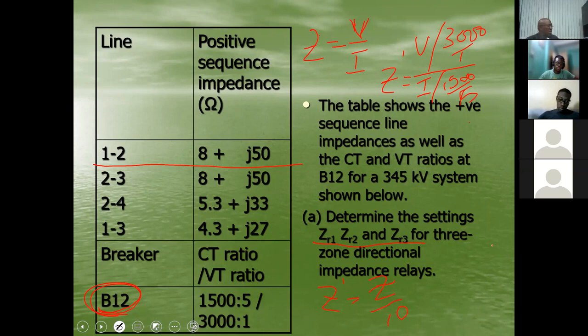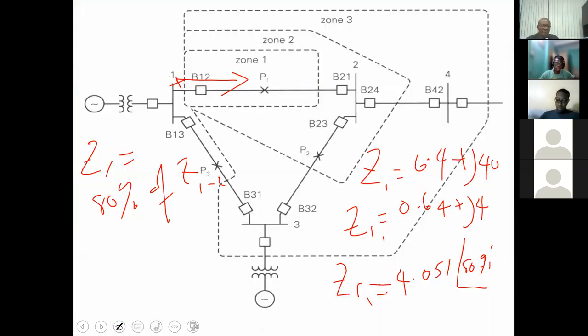And then for the adjacent line, based on what we are protecting, it will be 100% plus 120% of the adjacent line, whichever is longer. So you need to determine which of the two will be longer. So the adjacent lines, the options you have would be 2, 4, or 1, 3.